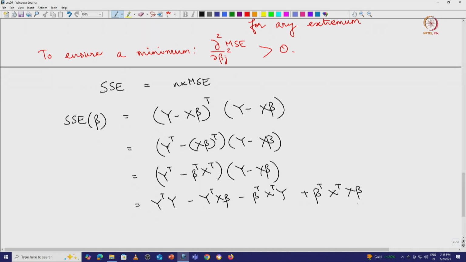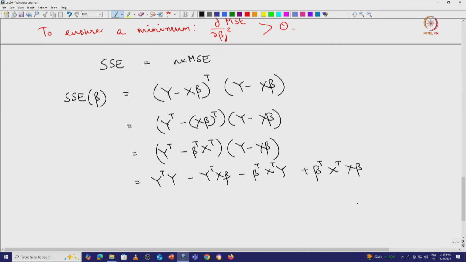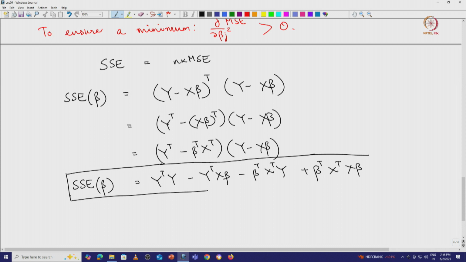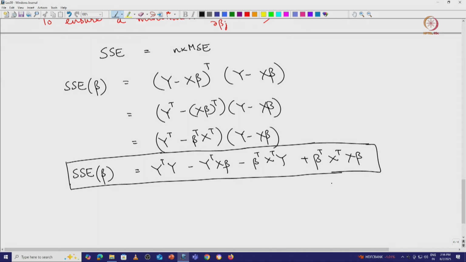So this is what you get for the sum of squared errors as a function of the parameter vector beta. I encourage you to work out these steps very carefully so that you convince yourself that this is exactly how it will be written.